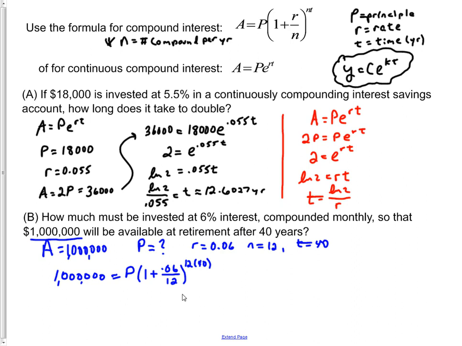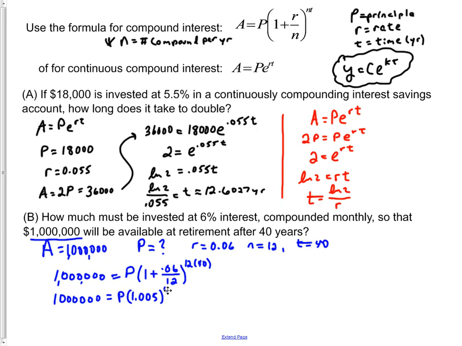Oh my gosh, this is just going to be a straight up division problem, right? Because if we work this out, our $1 million is going to be equal to the principal times, let's see, 0.06 divided by 12. That's 0.005. So this is 1.005 to the 12 times 40.